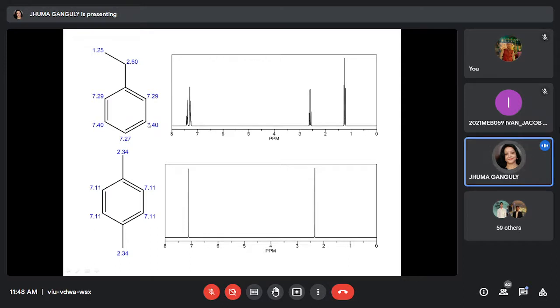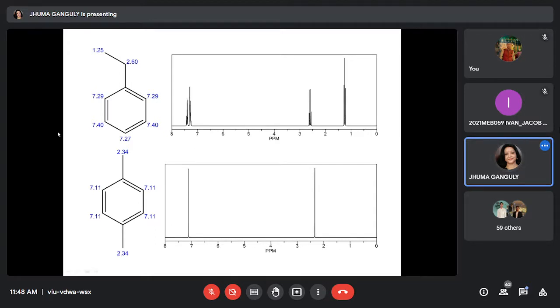This has two protons in the neighborhood, so 3, but as a whole it is a little complex because this has again 2, this has again 2, and their ranges nearly merge with each other. So it appears like a multiplet, but the range predicts that it has an aromatic group.